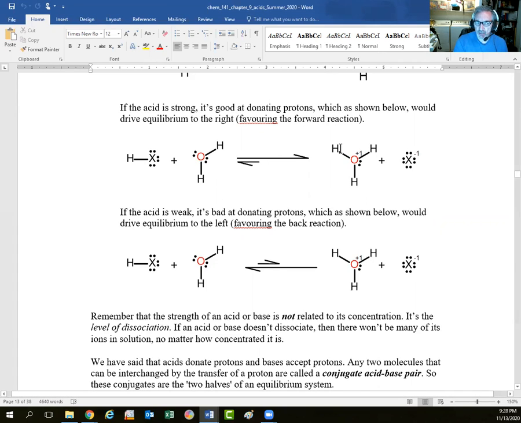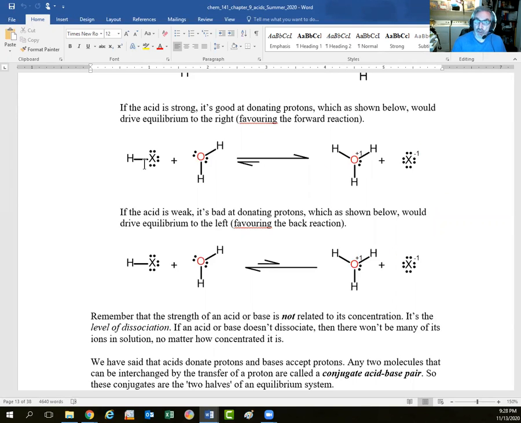But remember, there's a competing back reaction. And normally that back reaction is also an acid-base reaction doing its own proton transfer, transferring the proton back to form the original materials. And so acid-base reactions are normally reversible.